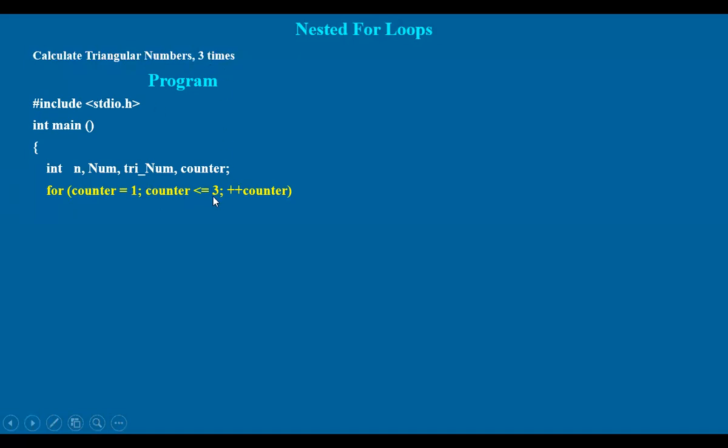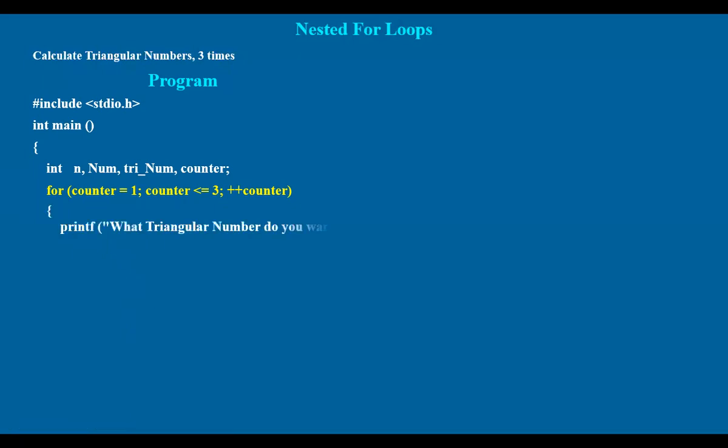The counter counts how many times the program is repeating. So counter is 1 initially, and it continues for less than or equal to 3, meaning 3 times. Whatever statements are written in the block of this for loop will be executed 3 times.